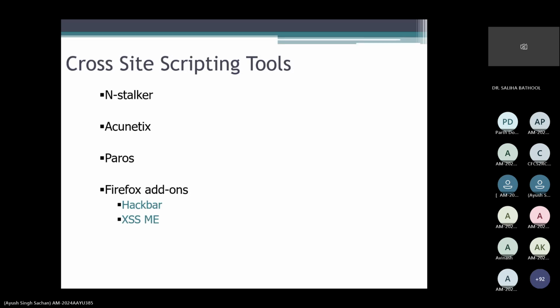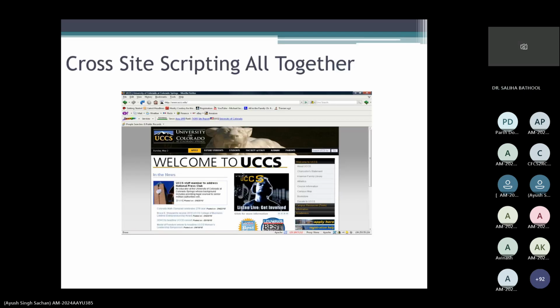Next. Cross-site scripting altogether. This is a scripting mechanism which we have used before. How this kind of scripting goes through sites to steal user data and credentials, so that it will help you all understand the concept.